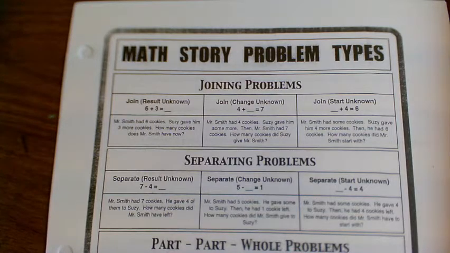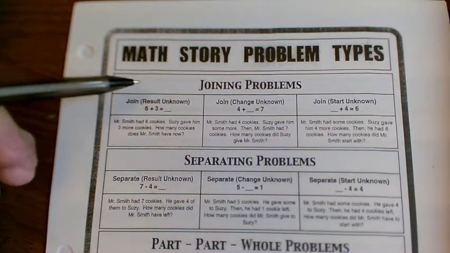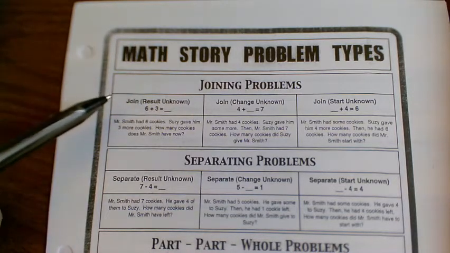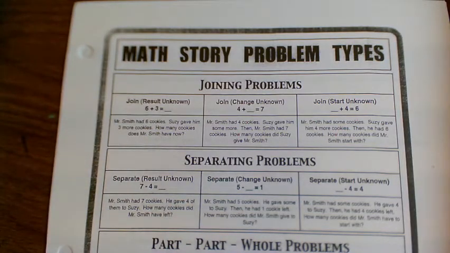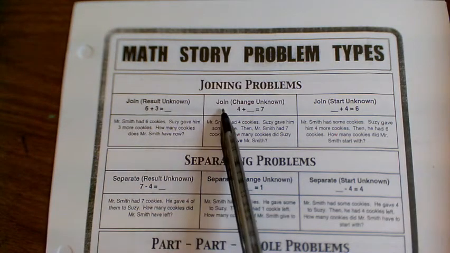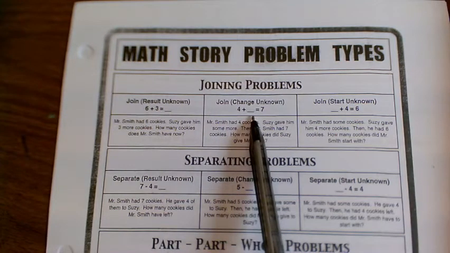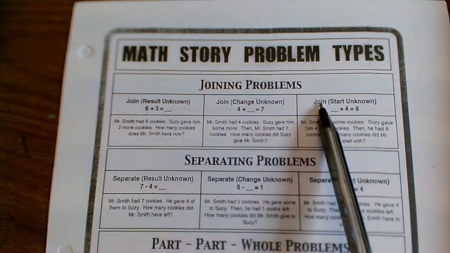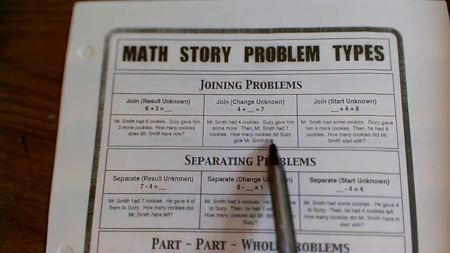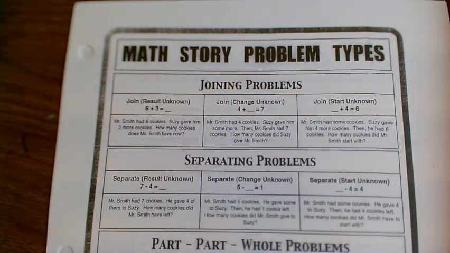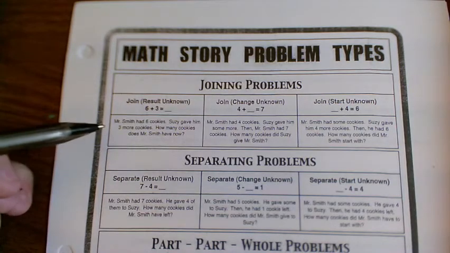So there's some sort of exchange, or you are gaining something from somebody else. So in that case, we have join problems where the result is unknown, just like the example I just did. We have join problems where the change is unknown. And then we have join problems where we don't know the starting number. And then here are some examples that you can read of word problems that correspond to each of those.